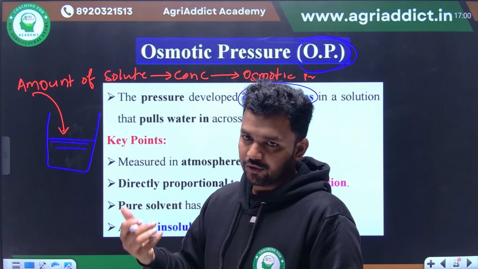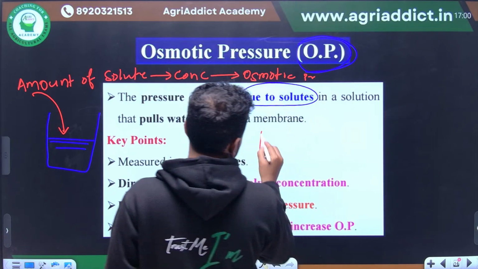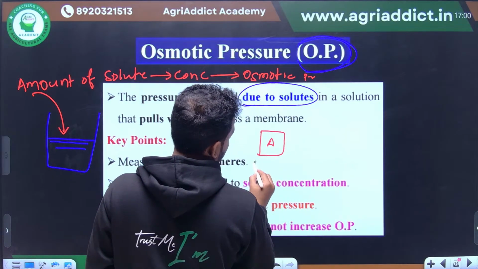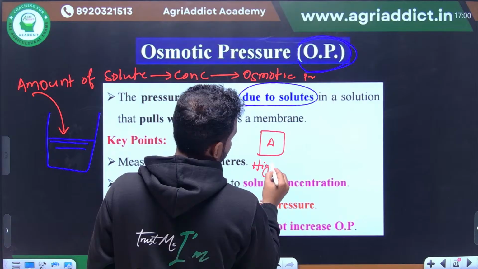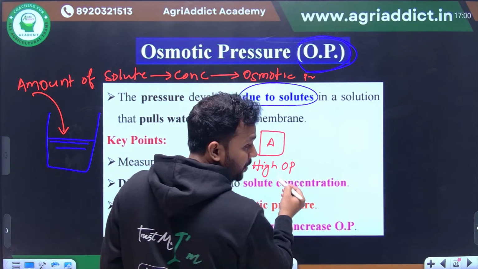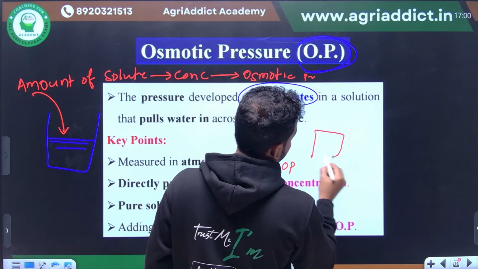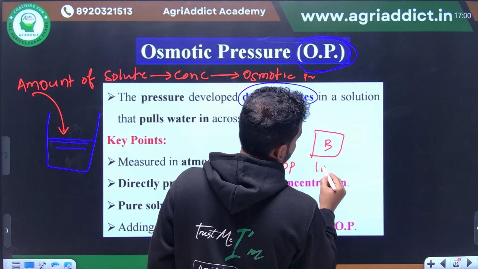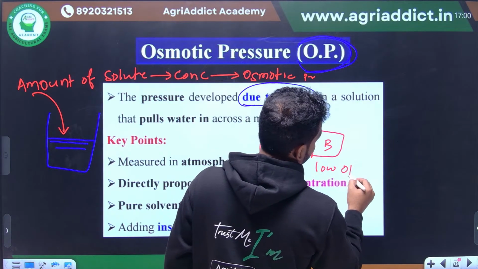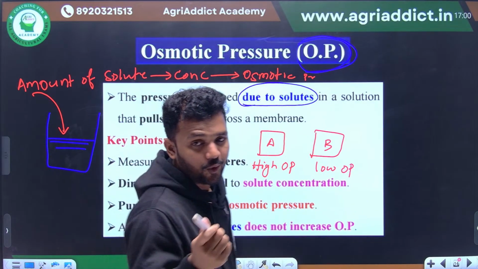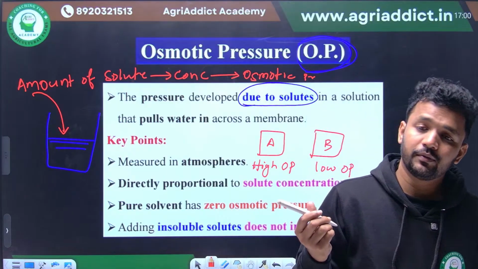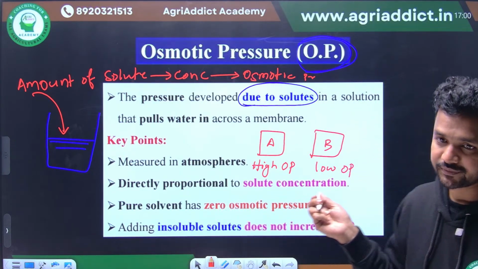Right. So here you tell me, here it is A with high OP, high osmotic pressure. OP means osmotic pressure, and here it is B. It has low osmotic pressure, low OP. So the movement of solvent will be from where to where?